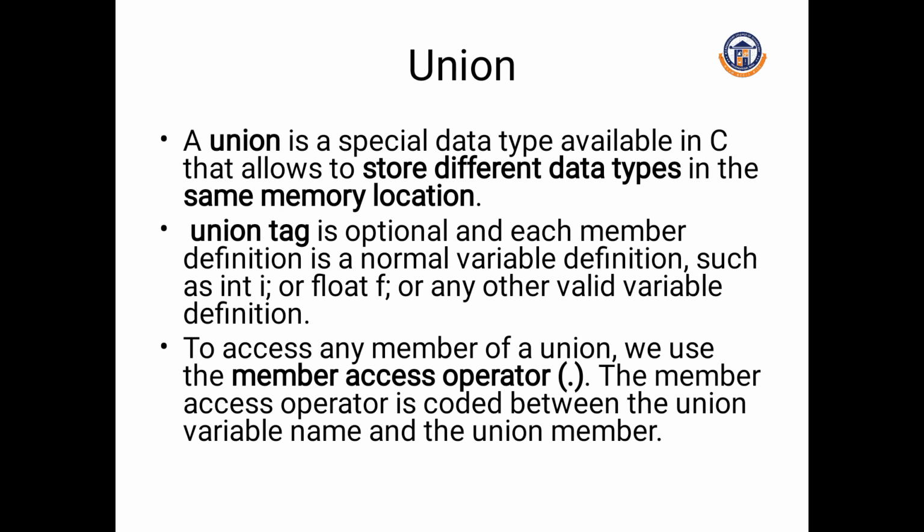So structures and unions are the same concept. The only thing in which the union differs from the structure is that it has the same memory location for all the data types that were specified here. But in structure, different data types will be allocated at different memory locations, but in union all the data types will have the same memory location.